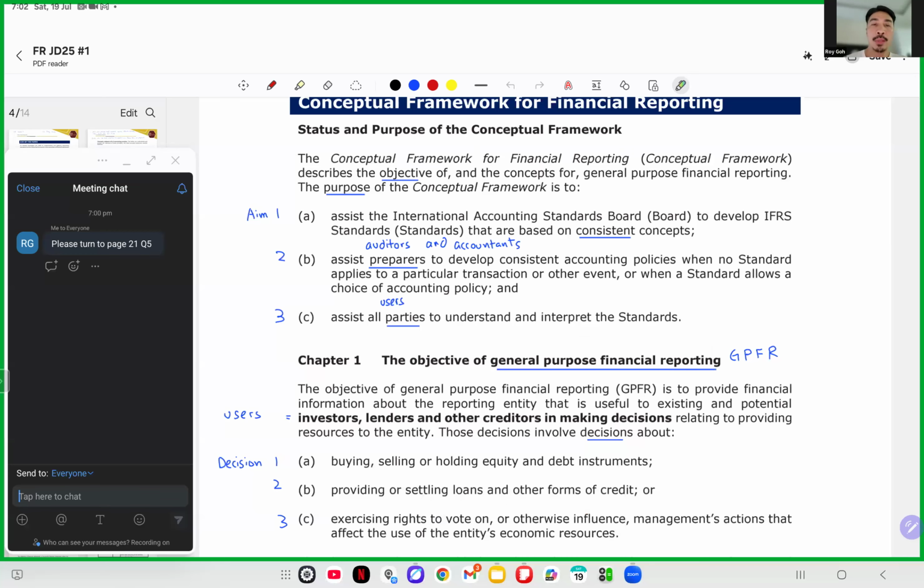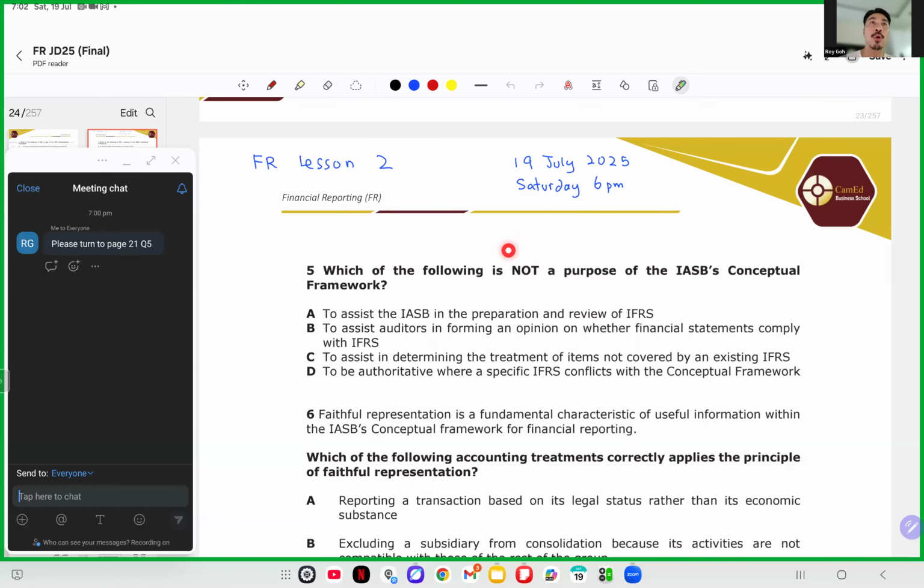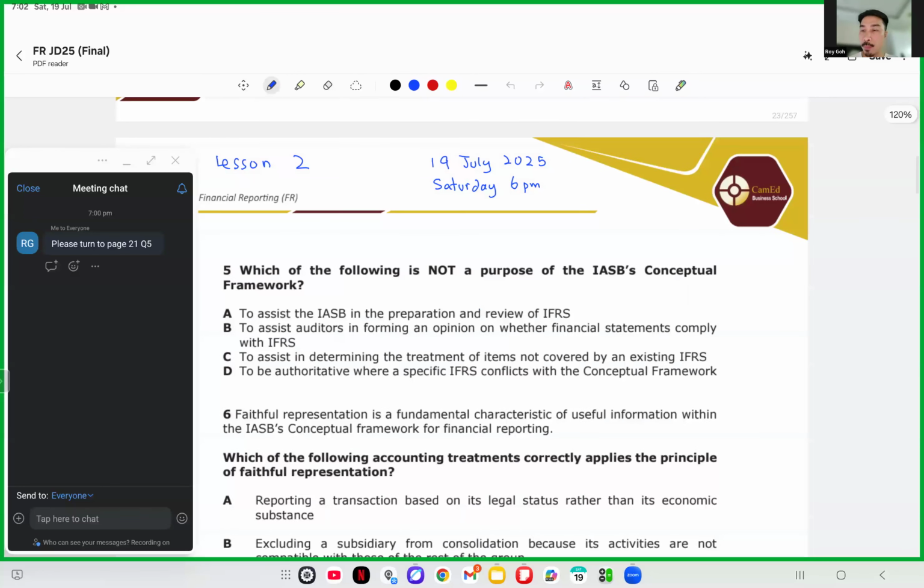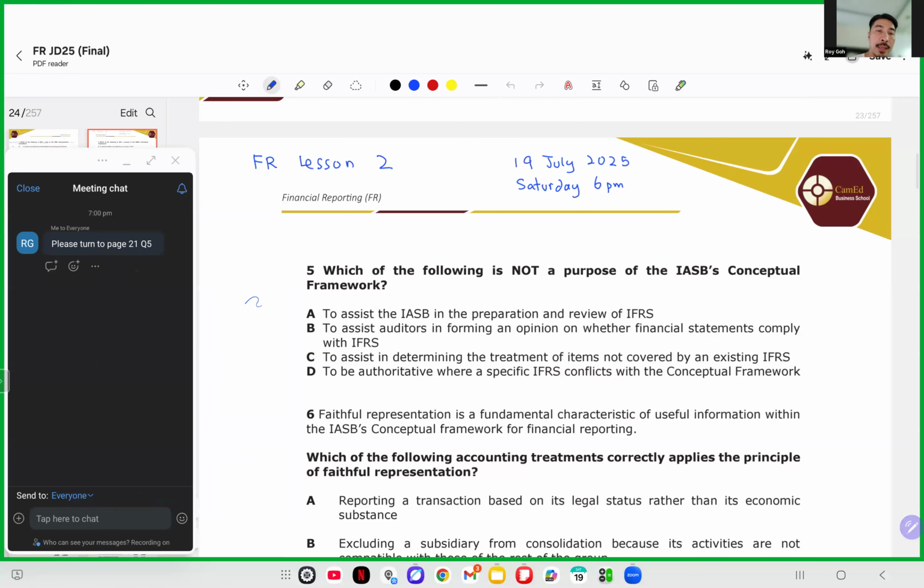Therefore, the question is asking for what is not a purpose. Is this an aim of the framework? I'm looking for no, it is not an aim of the framework.